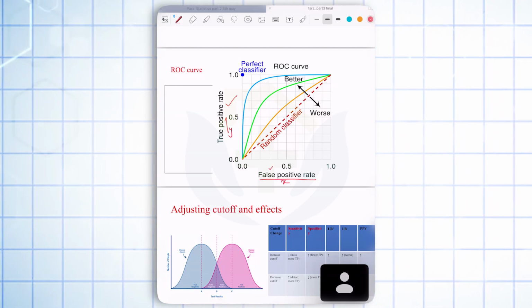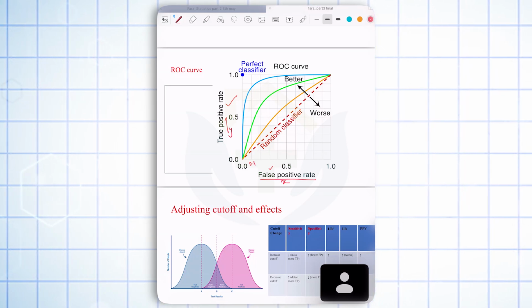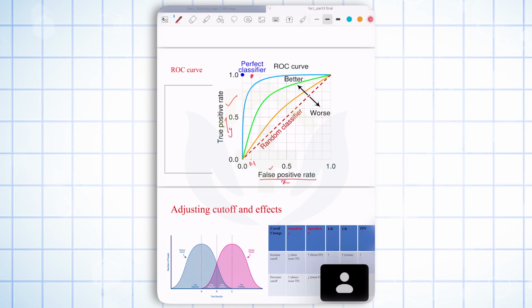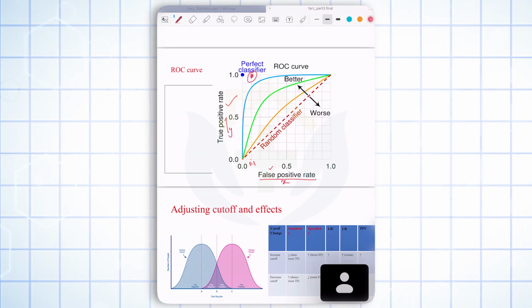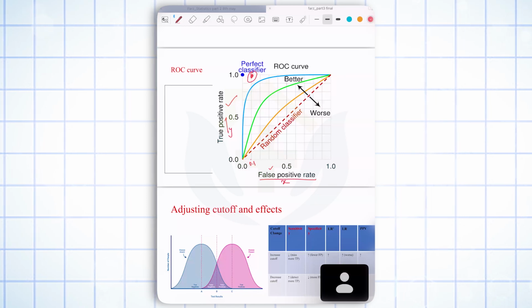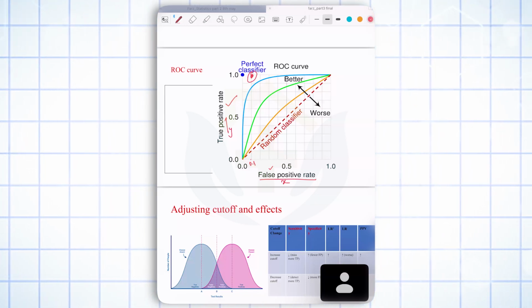For example, let us assume the false positive rate is 0.1 here. Now, if I have a true positive rate of 1 on the y-axis, it means that when the false positive rate is low, the true positive rate is very high, meaning that the test is very, very good.